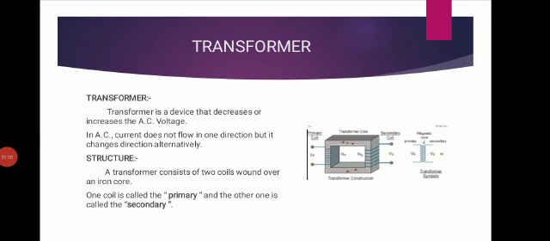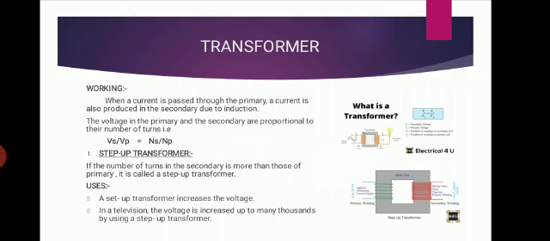Now we discuss the structure of a transformer. A transformer consists of two coils wound over an iron core. One coil is called the primary coil and the other one is called the secondary. How does a transformer work?